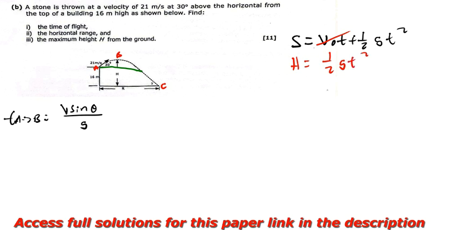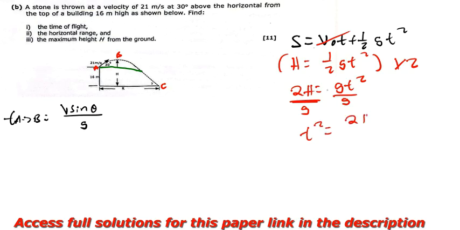But my goal is to find the time. I will do times 2 everywhere to get rid of the fraction. So if I do times 2, it will be now 2h being equal to gt squared, divided by g, divided by g. Therefore, t squared will be equal to 2h divided by g.